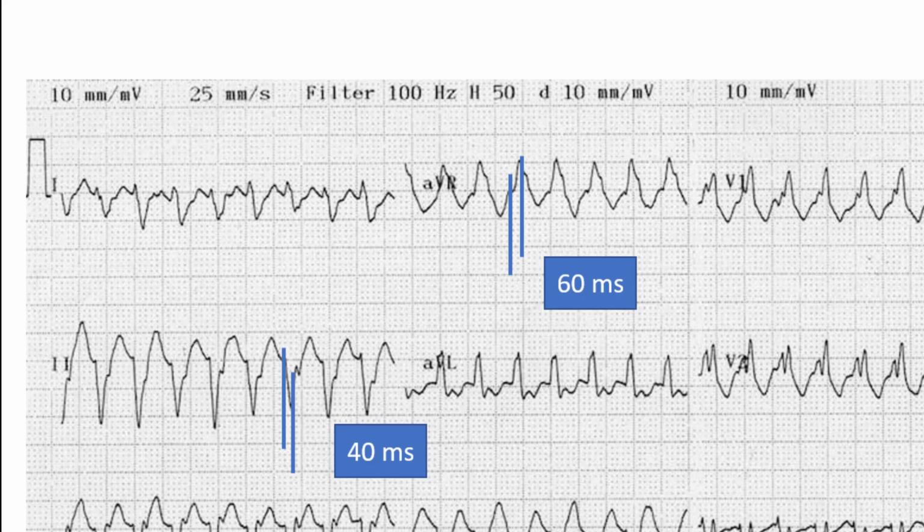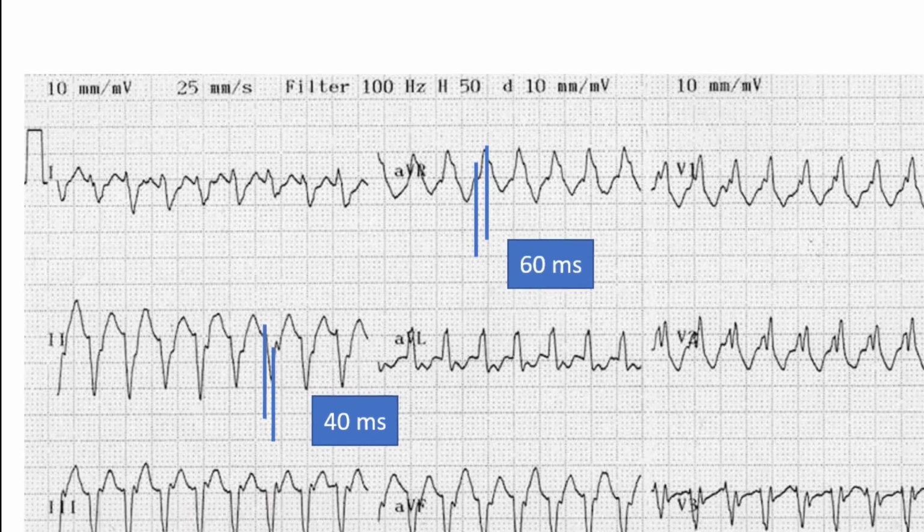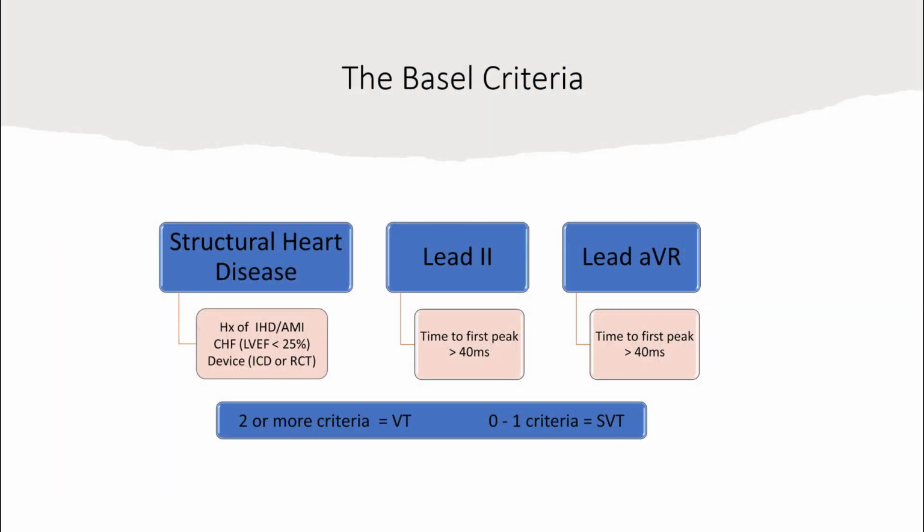But remember, we're only going to need 2 of the 3 criteria overall for this to be a positive finding within the Basel criteria. If 2 or more of the criteria have been met, then the Basel criteria for determining that the rhythm is likely to be VT has also been met. Should only 1 or none of the criteria be met, it is far more likely that the wide complex tachycardia is supraventricular in origin, but has some aberrant conduction. In other words, it's an SVTA.